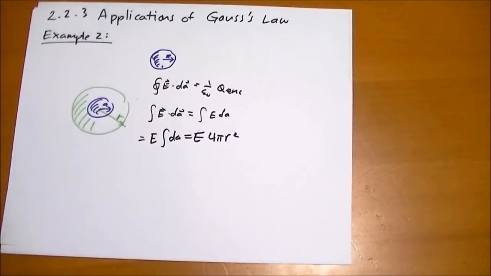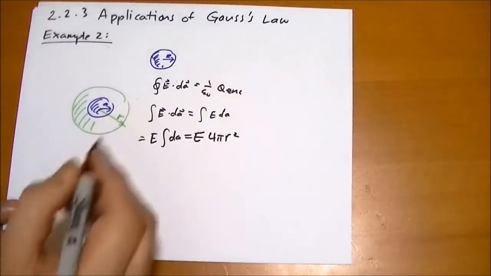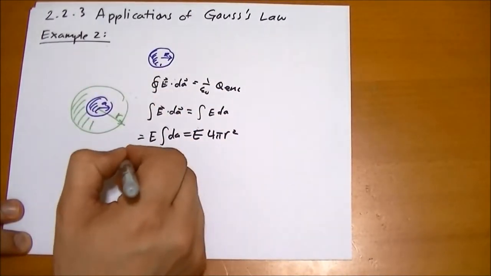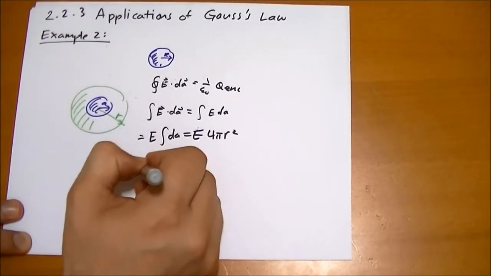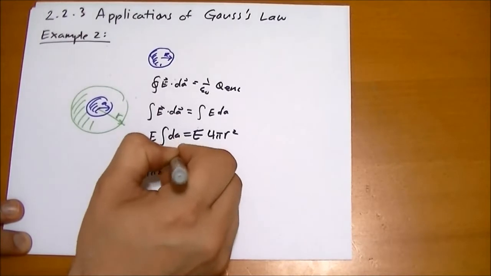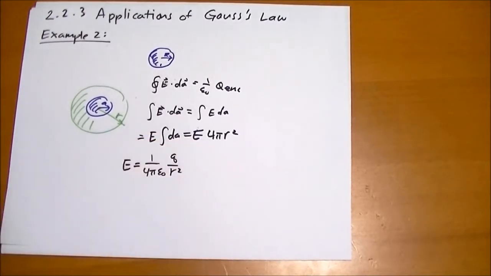So the electric field at any point along this Gaussian surface is going to be equal to the charge enclosed: E is equal to 1 over 4 pi epsilon naught Q over r squared.